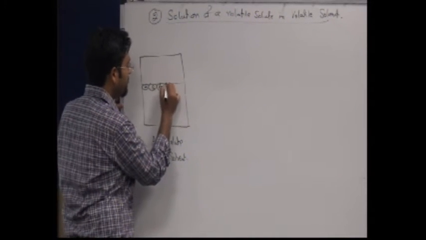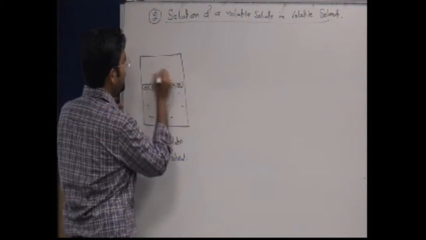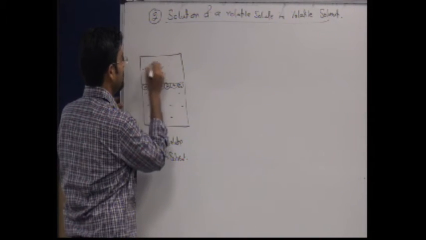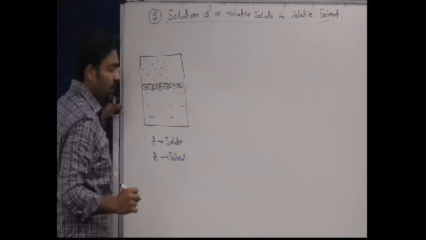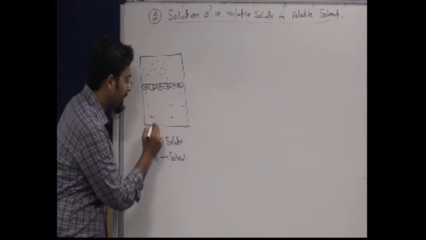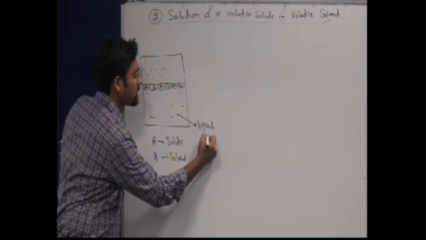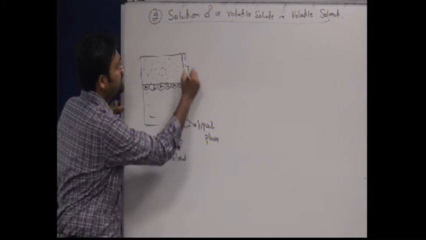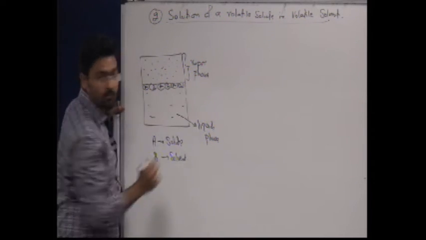So I have a mixture of A and B here, and they are forming vapors. Right? This mixture is the solution in liquid phase, and this is in vapor phase.